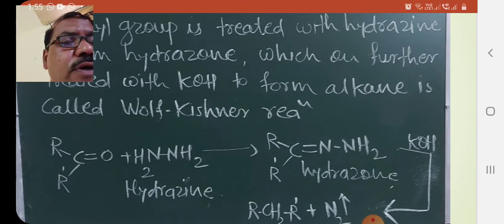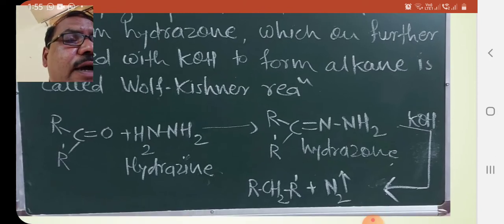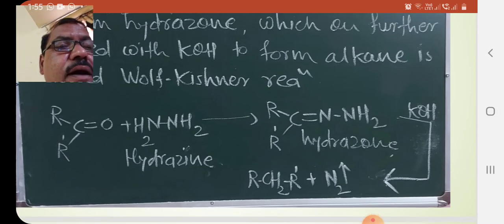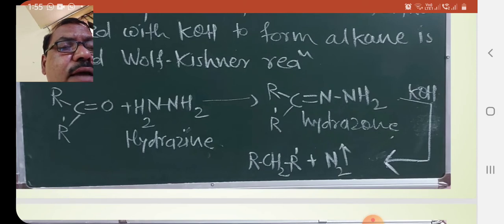When this hydrazone is further reacted with NaOH or KOH in ethylene glycol, both nitrogens get eliminated in the form of nitrogen gas, and RCH2R, that is, an alkane, is formed.